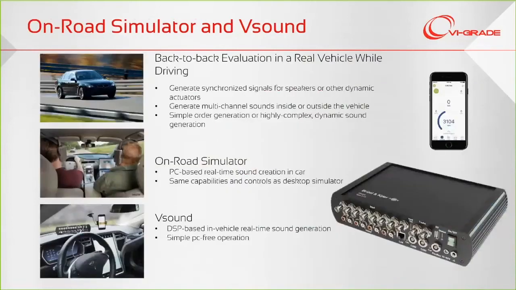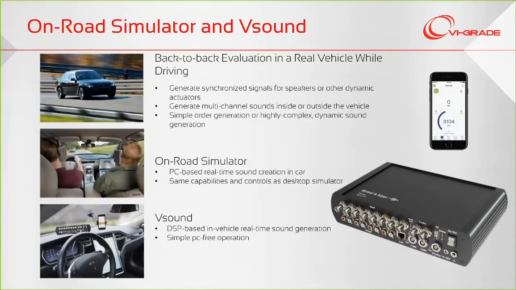The on-road simulator and Vsound enable you to take your NVH simulator models and play those back in an actual vehicle. So we tie into the CAN bus of the vehicle, and we synchronize the sound playback to vehicle speed, engine speed or motor speed, accelerator pedal position, gear position, really anything else that you need to tie the sounds to.